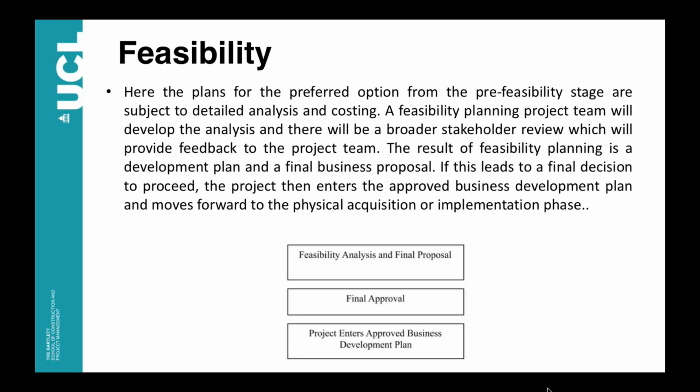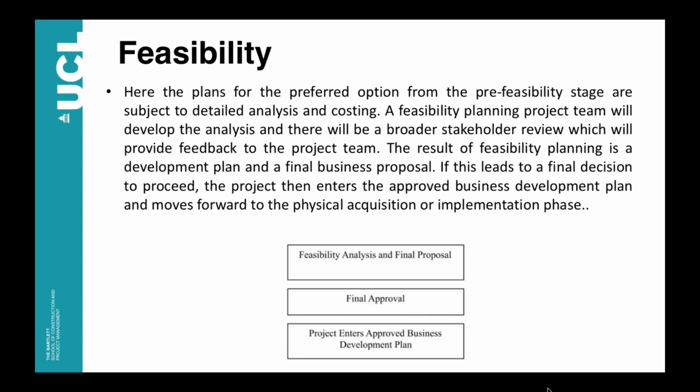In this stage, the option or different options are subject to detailed analysis and cost evaluation. A specific team will develop the analysis, and also there will be a broader stakeholder review which will provide feedback to the project team.